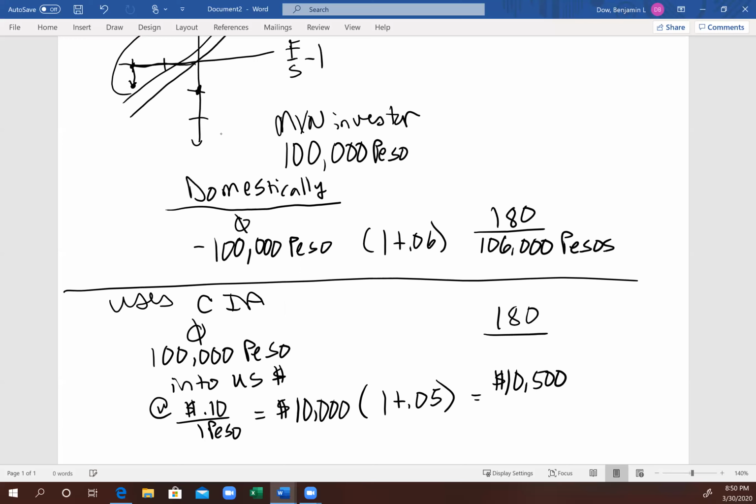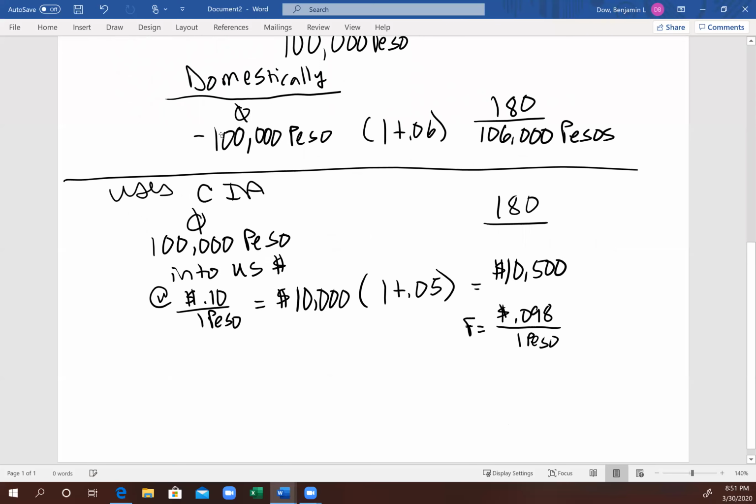If he had locked in the forward rate to convert them back into pesos using the forward rate of 9.8 cents per peso, and you take the 10,500, divide it by 0.098, and you come up with 107,143 pesos, approximately.